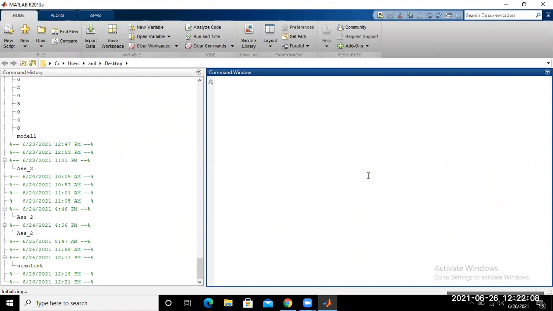Okay, so this is the MATLAB interface where we are going to simulate our single phase full wave bridge type controlled rectifier.